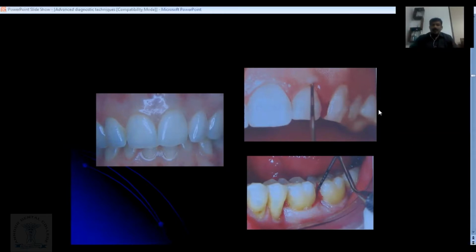And then with the different indices that have been developed to assess gingival inflammation, you can score this bleeding and come to a diagnosis of what degree of inflammation is there in the gingival tissues.